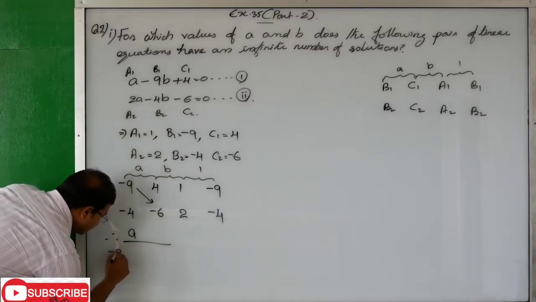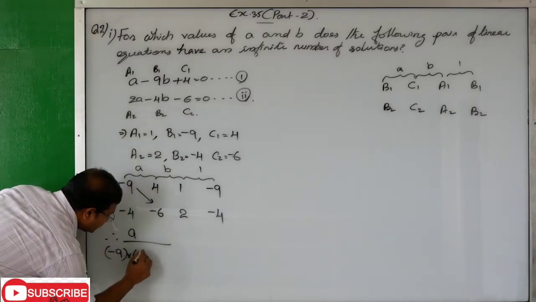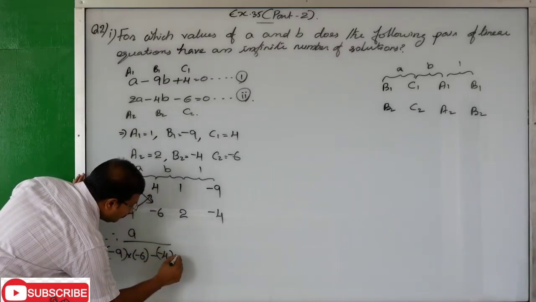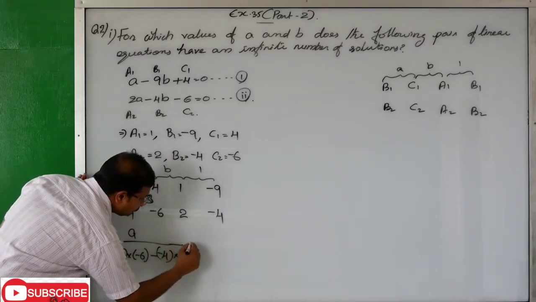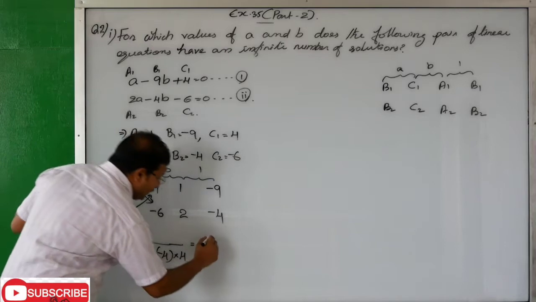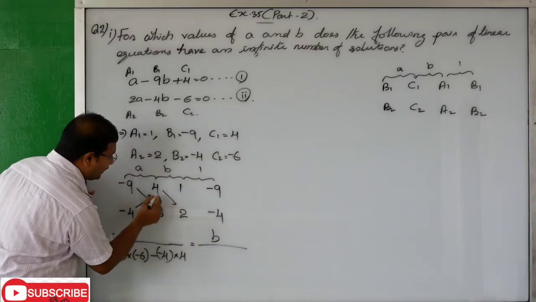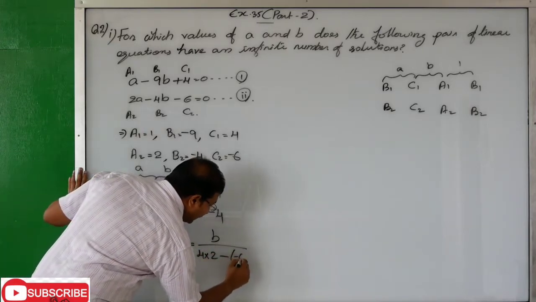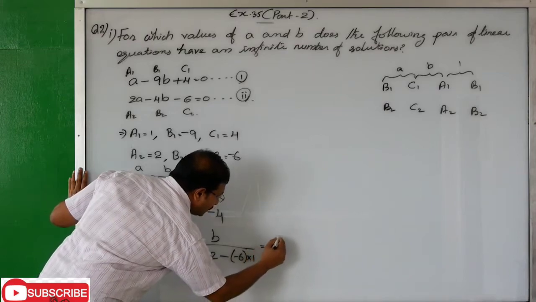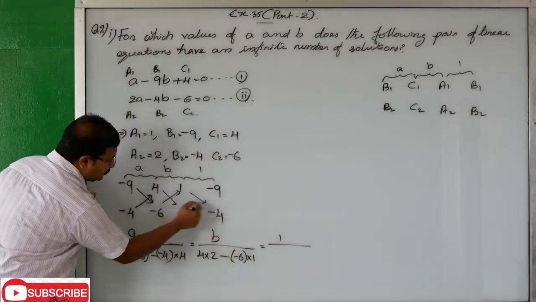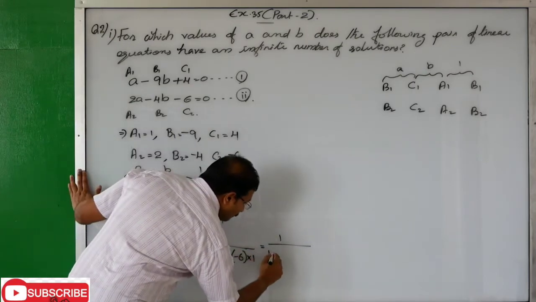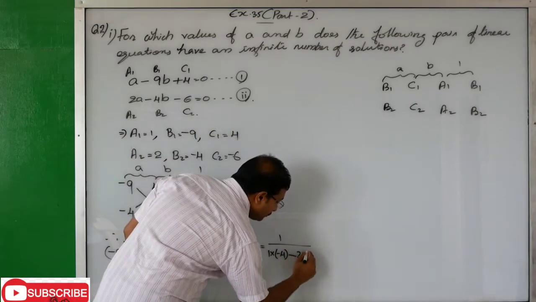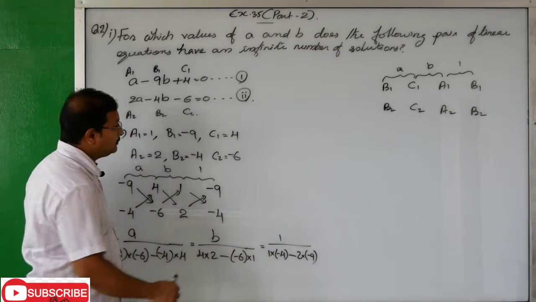That means minus 9 into minus 6 minus these two will multiply, that is minus 4 into 4, equals b divided by these two will multiply, 4 into 2, minus these two, minus 6 into 1, equals 1 by, these two will multiply, that means 1 into minus 4, minus these two, 2 into minus 9.